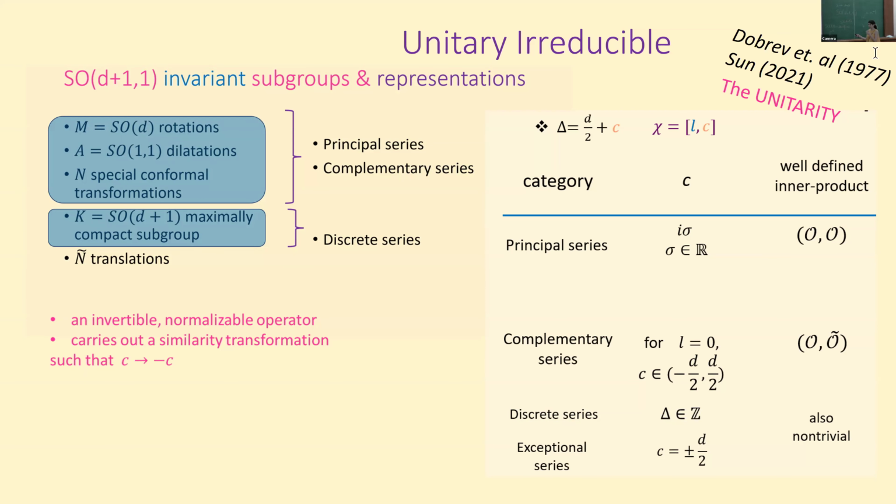So it's not unitary anymore. So you can raise discrete series into other unitary irreducible representations, which will also be discrete series. You have some room in the complementary series too. You can raise them because these two have real scaling dimensions, but you cannot do that with the principal series.